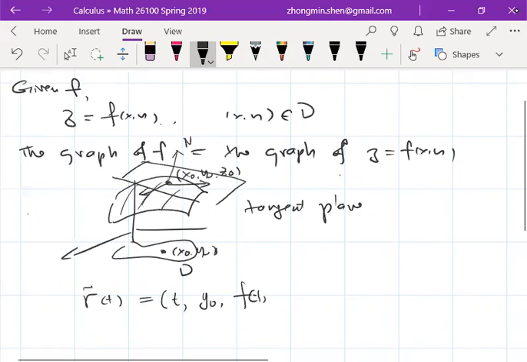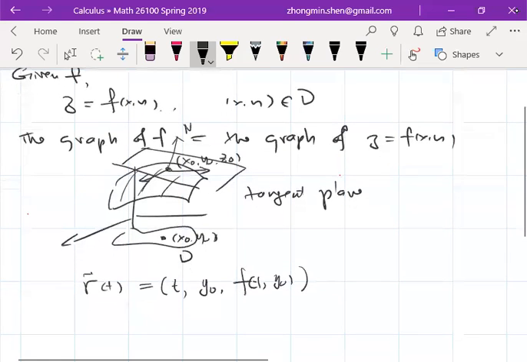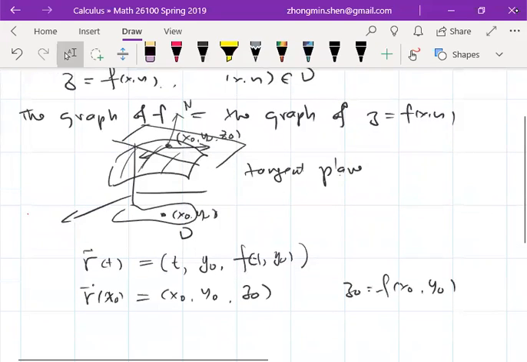Traditionally we use a parameter t. This is a curve on the graph. You fix y naught and let t change. When t equals x naught, you get x naught, y naught, and z naught, because z naught is f of x naught, y naught. So the curve passes through that point.